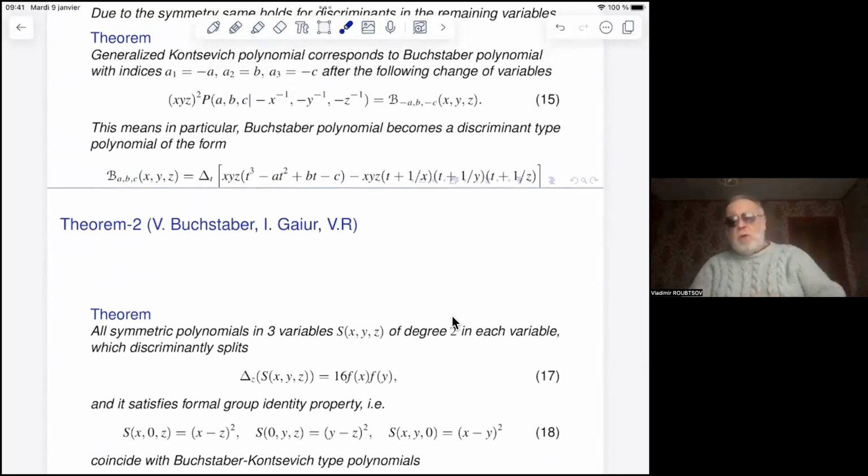This theorem is not only a result about this change of variables, because we also studied a common locus for these polynomials. And this common locus has an interesting geometric property.